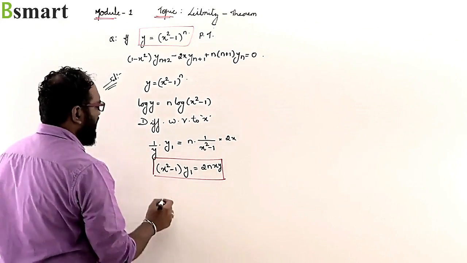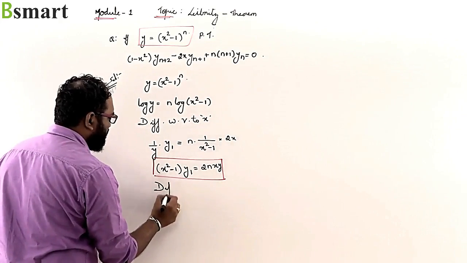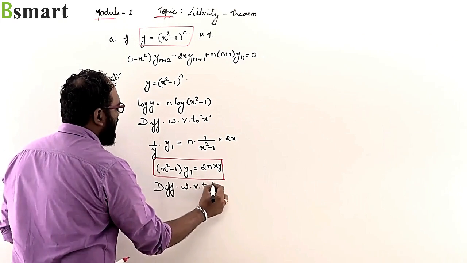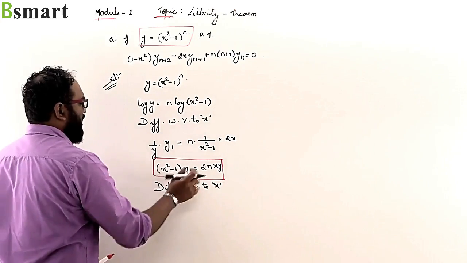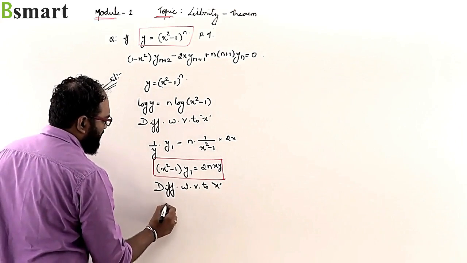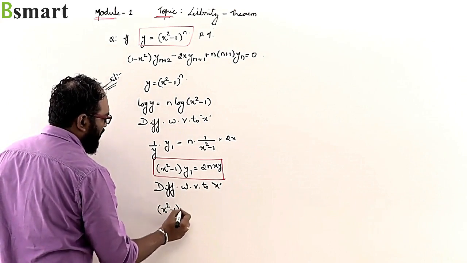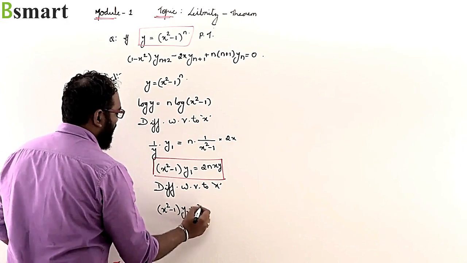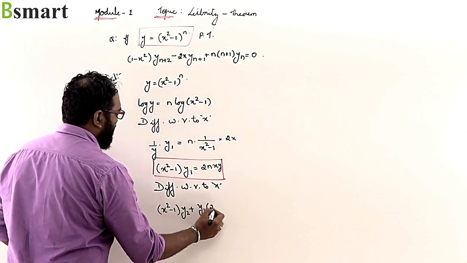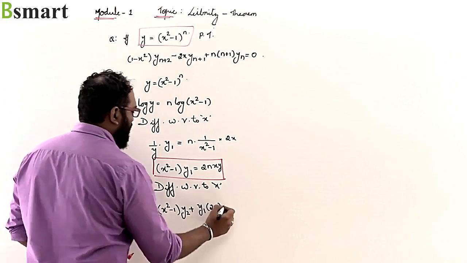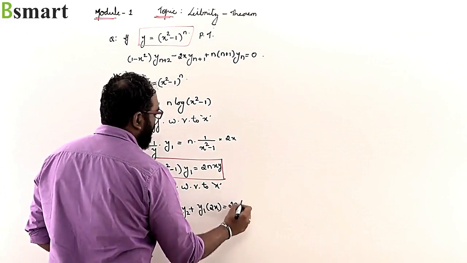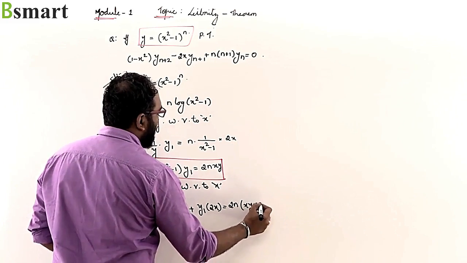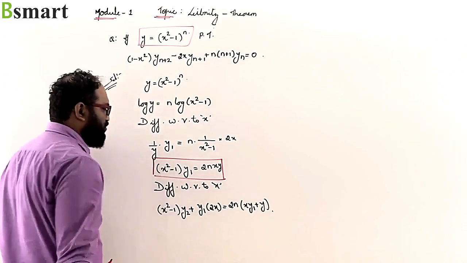Now if we differentiate this with respect to x, again apply the UV formula: (x² − 1) y₂ plus y₁ into the derivative of x², that is 2x, equals 2n into, applying the UV formula, x y₁ plus y into the derivative of x, which is 1.